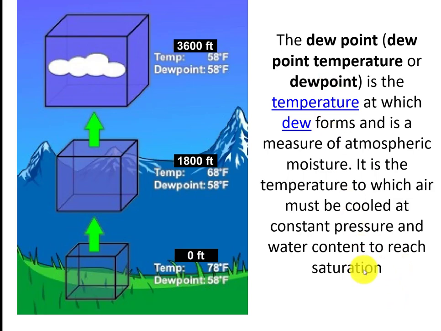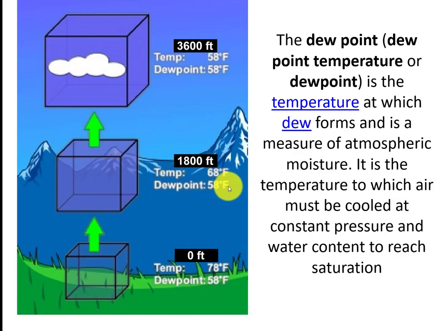you have saturation. So going back to our cube over here, the dew point temperature at 0 feet or sea level would be 58 degrees Fahrenheit. If we go up to 1,800 feet, we know that the temperature is going to cool as we go up in elevation, going up this hypothetical mountain.